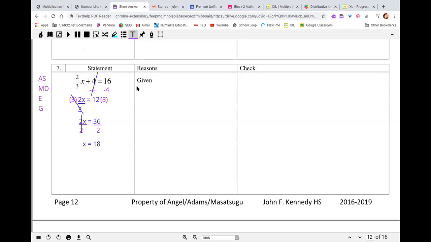So what am I going to write for my reasons? I try to make them in purple. It's going to be multiply and divide. Okay, and what's the first one we did? MTOE. Oh, that's for multiply.